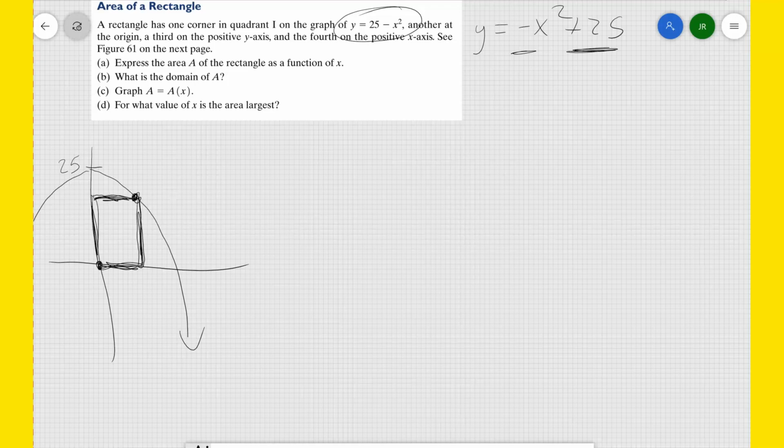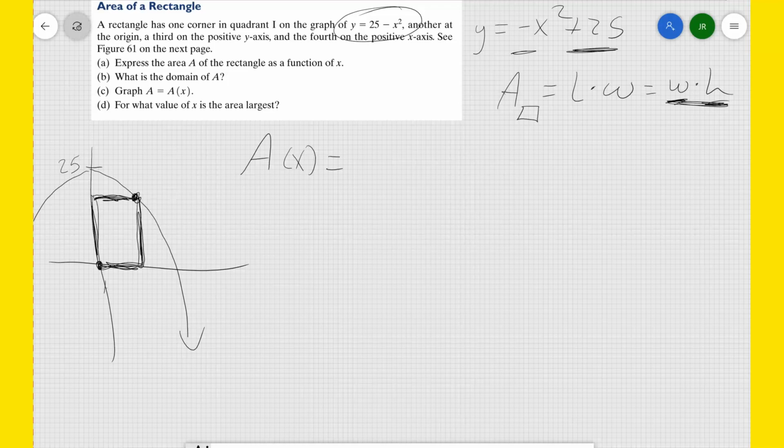Now, it wants me to express the area as a function of x. What is the area of a rectangle in general? It is length times width, or in this case, the width times the height. It doesn't matter what you call it. It's one dimension times the other dimension.